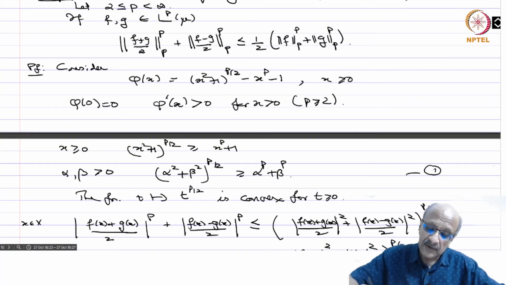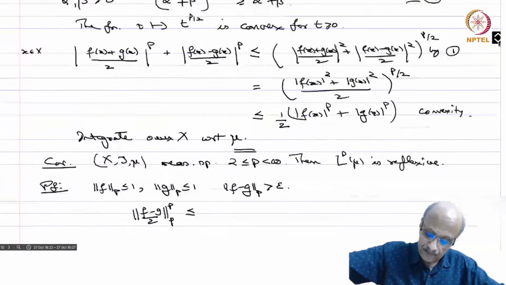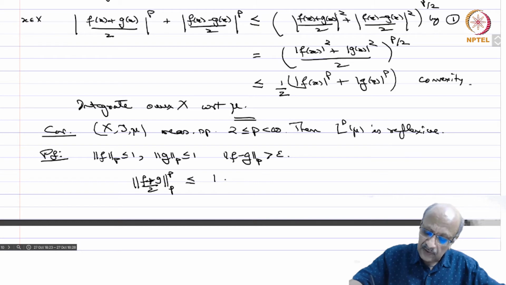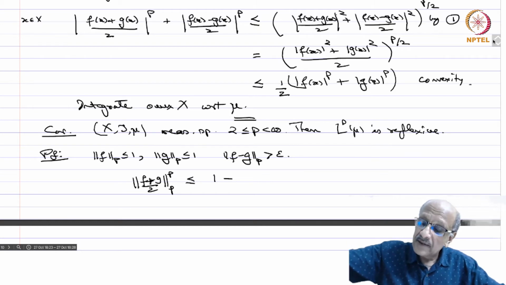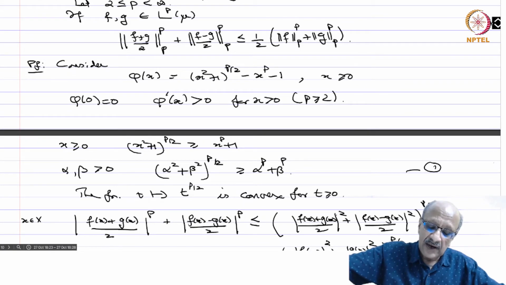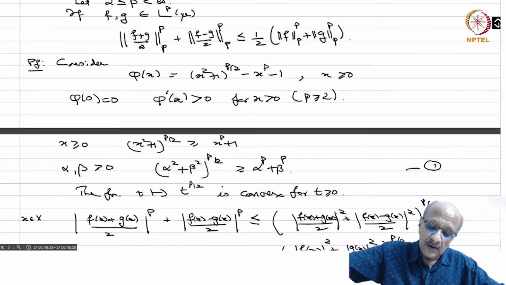So that's each less than or equal to 1. So 1 plus 1, 2 divided by 2 is just 1. Sorry, f plus g by 2. So that is less than 1. And then you have minus norm f minus g is greater than epsilon. So this is greater than epsilon by 2.